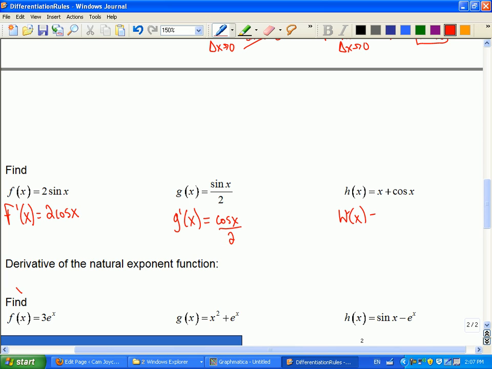And then x plus cos x. What will it be? 1 minus sine x. Good. Okay, so the derivative of x is 1, and cos x is negative sine.